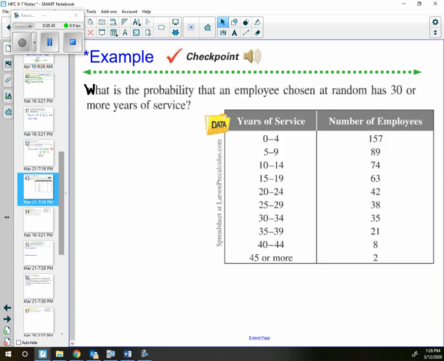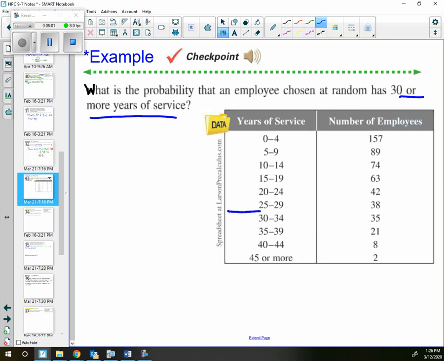So here's a chart that's showing how long people have worked at their business. So it's all these employees. And it says, what's the probability that an employee chosen at random has 30 or more years of experience? So it's the "or more" part that makes this one of those probabilities where we're going to have to add, because there's more than one way to be successful.